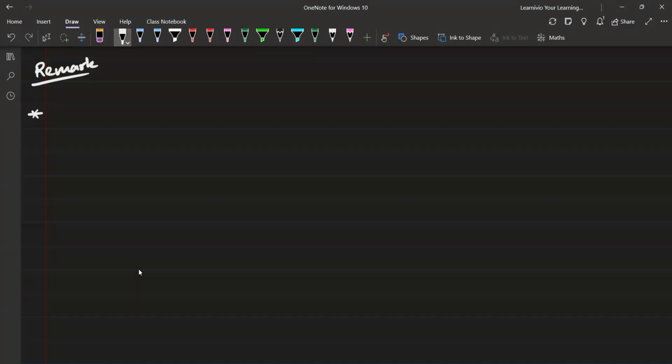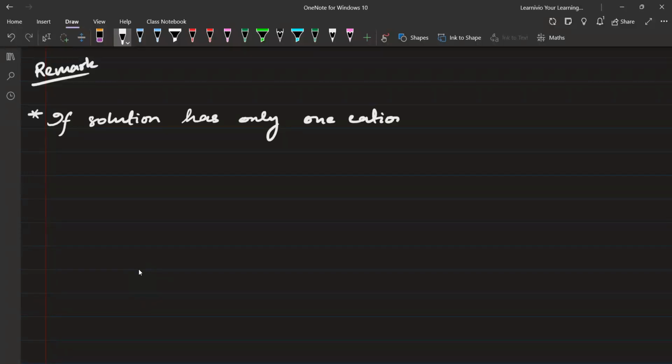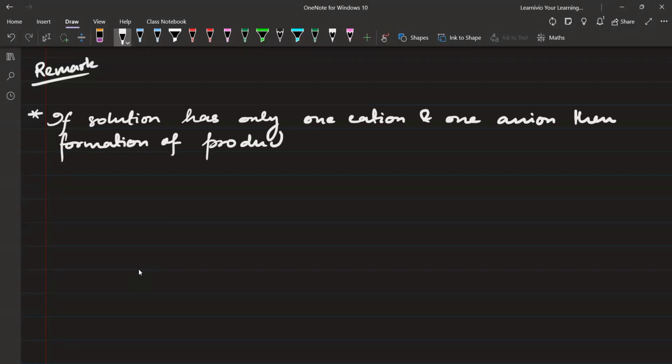First point is, if solution has only one cation and one anion, then formation of product can be easily predicted.